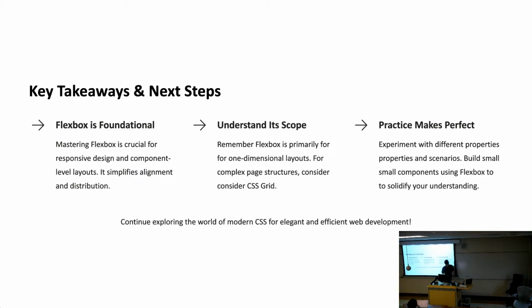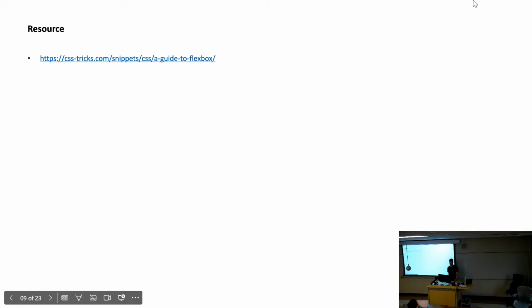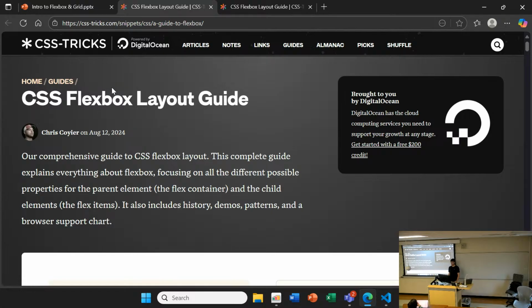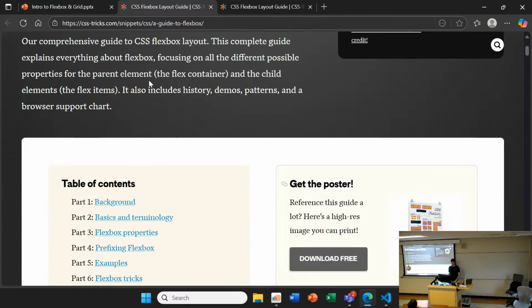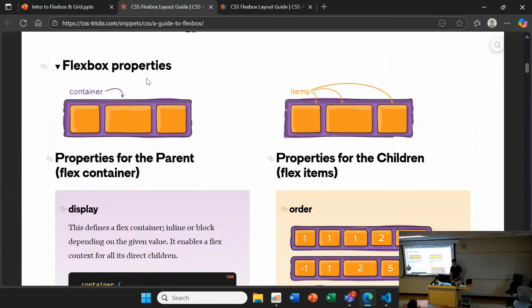So quickly, I want to go over a resource that I have, which is a very great resource. Just search up CSS Flexbox layout guide, or CSS Flexbox cheat sheet. It's a great website. It has pictures that describe what Flexbox is in words and pictures.